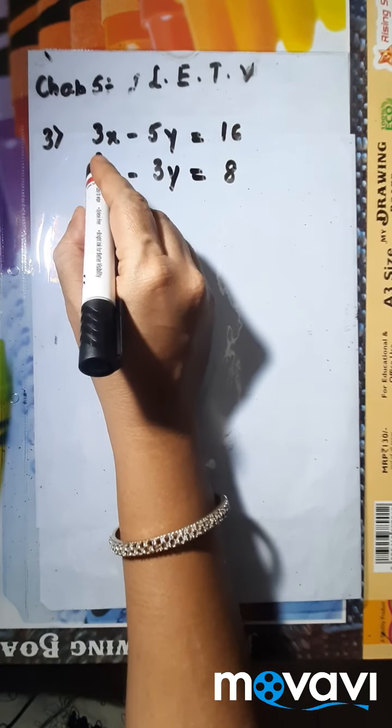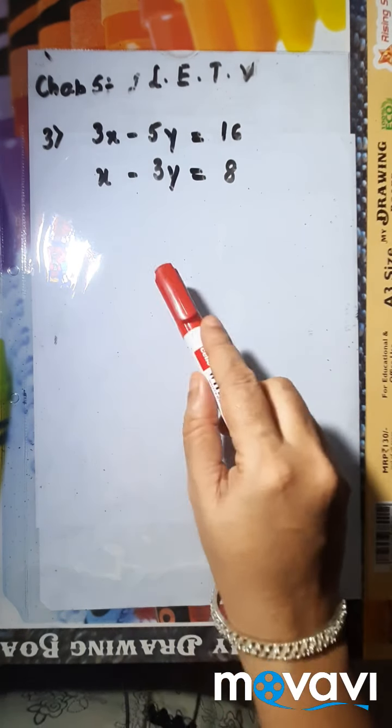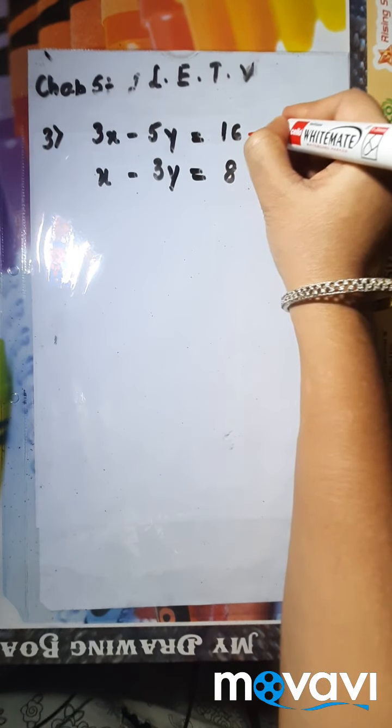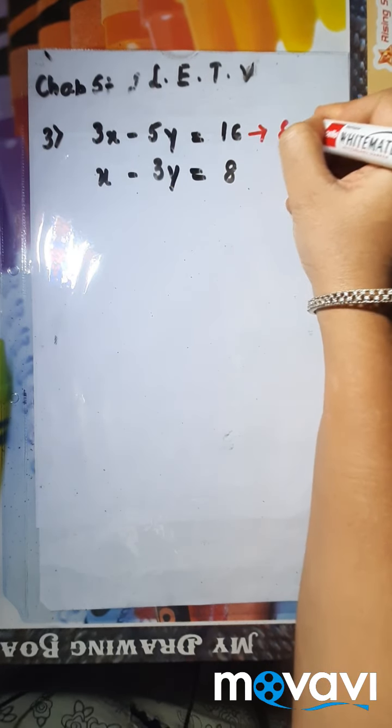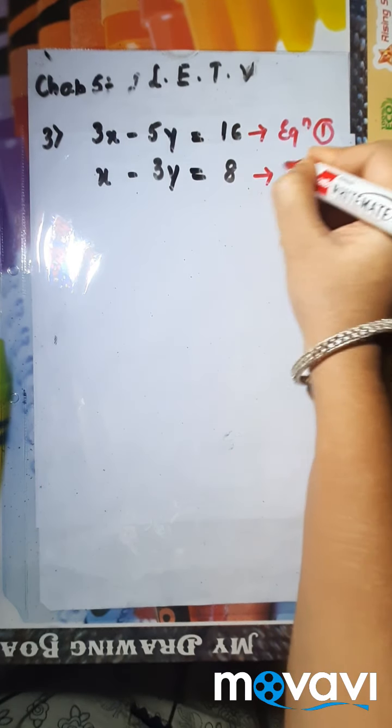First check, is it in the form x, y equal to constant in both the cases? Yes, so it is correct. Now we call this equation 1, and we will call this equation 2.